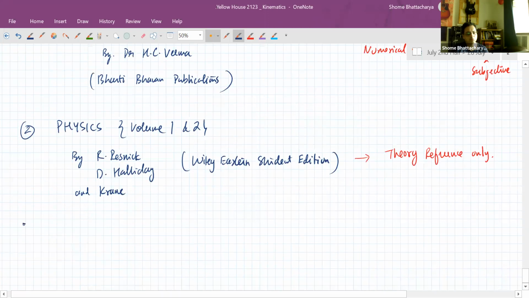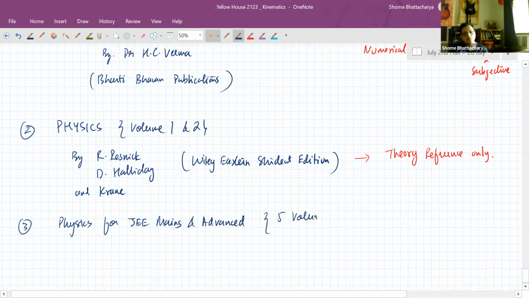And a third book we'll be following, especially for revision later, is Physics for JEE Mains and Advanced. It's actually a 5-volume series. There is Mechanics 1 and 2, so those 2 volumes.